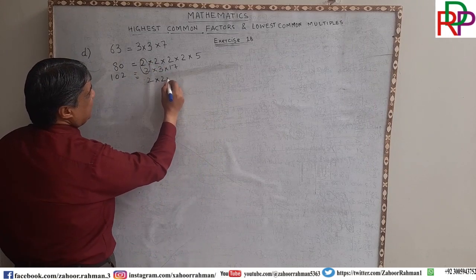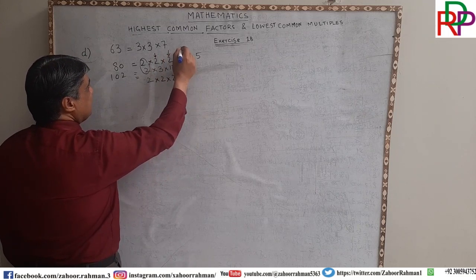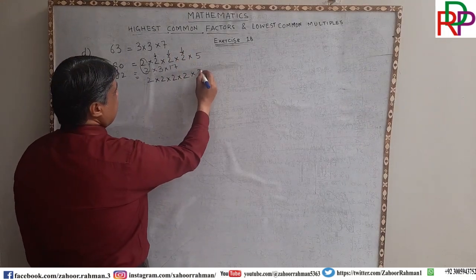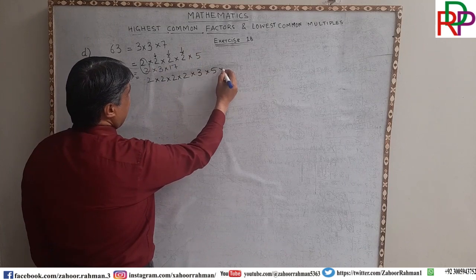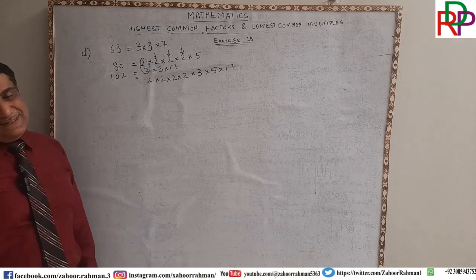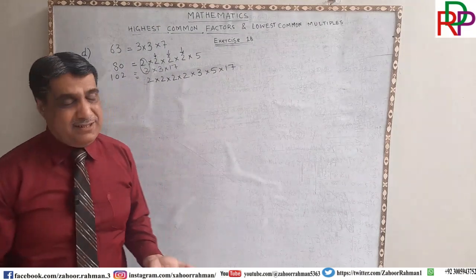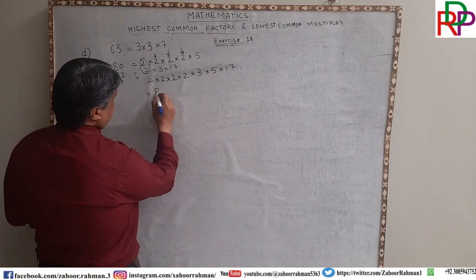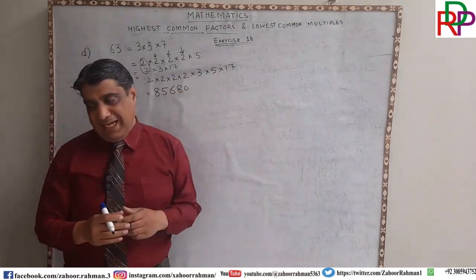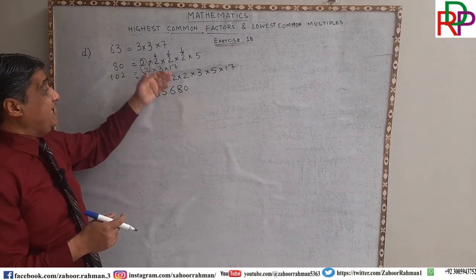So you have to write these two, this one and this one. Then there is no common 3, and there is no 5, and there is no 17, so you have to write those as well. And when I did it on the calculator, the answer came out as 85,680, which is the LCM.